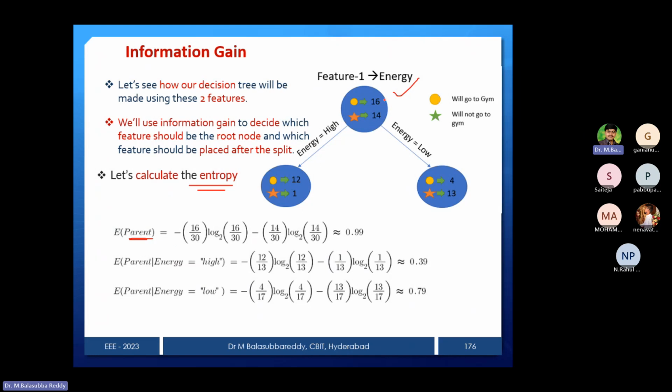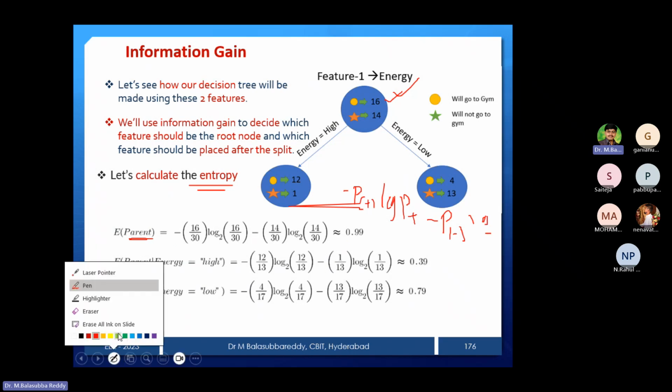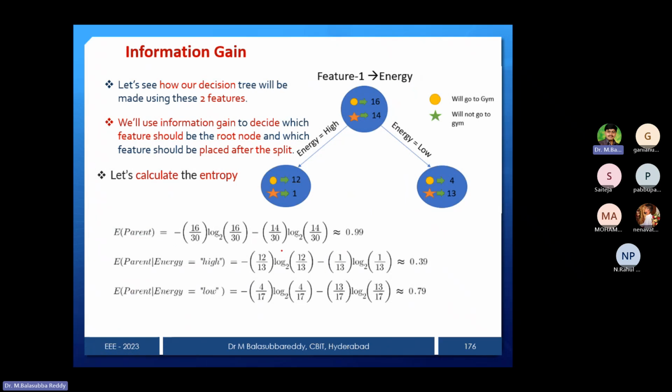As per the formula, which is known to you: minus the probability of the positive class times log of the probability of the positive class, minus the probability of the negative class times log of the probability of the negative class. So based on that formula, we can easily calculate the entropy of the root node.